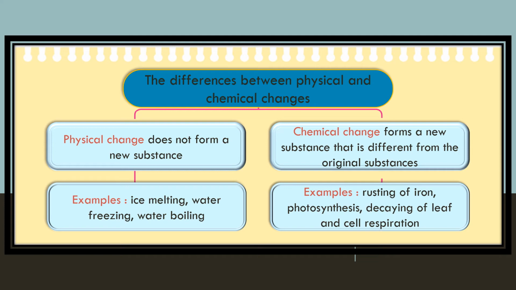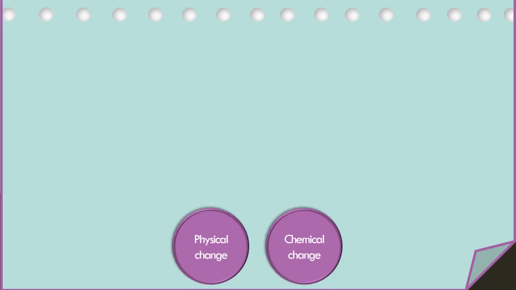Whereas chemical change includes, for example, rusting of iron, photosynthesis, decaying of leaf, and cell respiration. These processes will produce a new substance, so this is called chemical change.